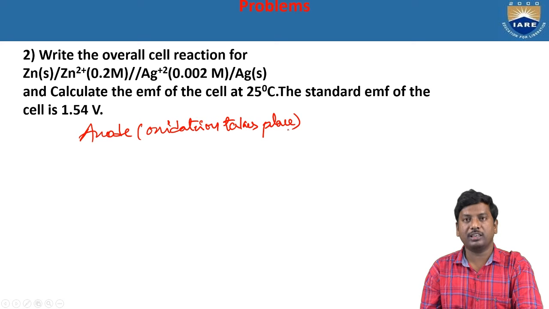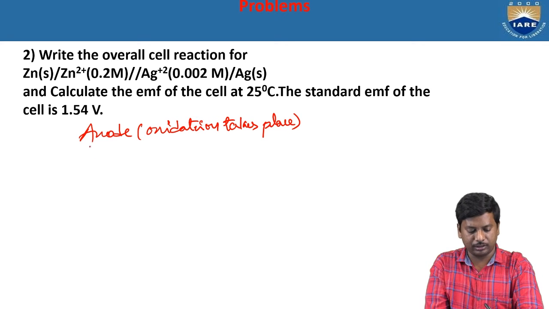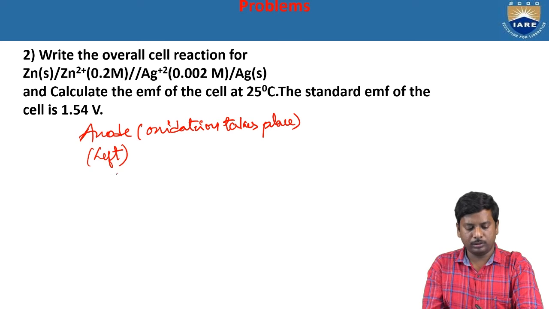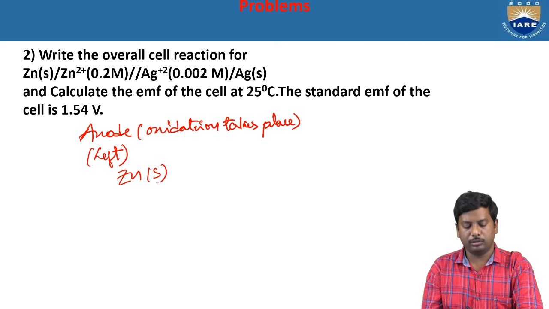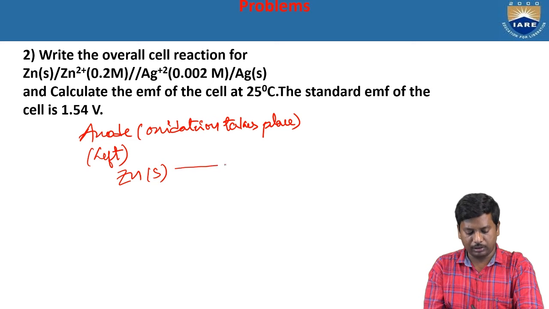From the given data, the anode is always present on the left side. So zinc solid present in zinc sulfate solution undergoes an oxidation reaction to get zinc plus 2 with the loss of 2 electrons.